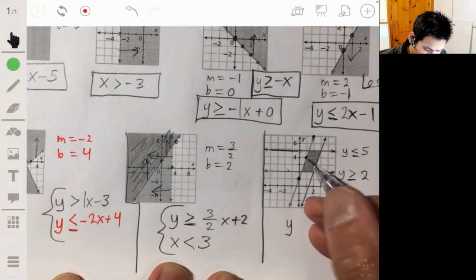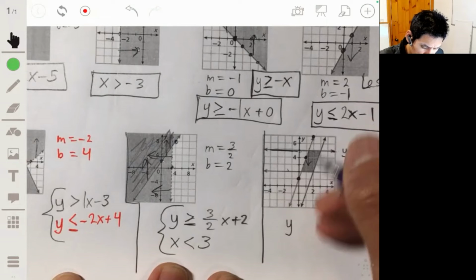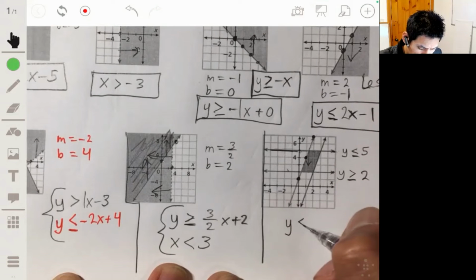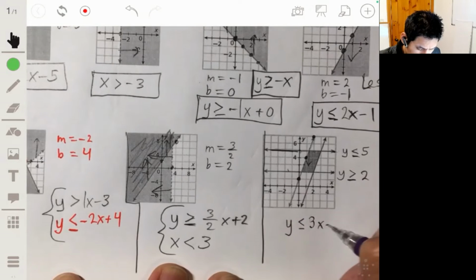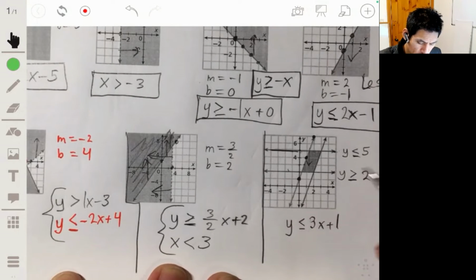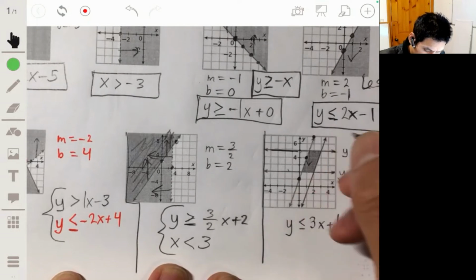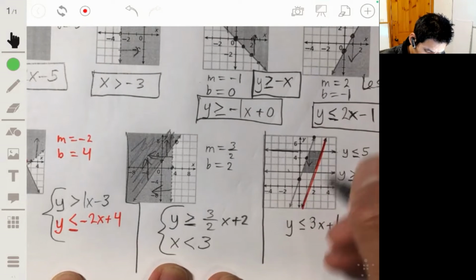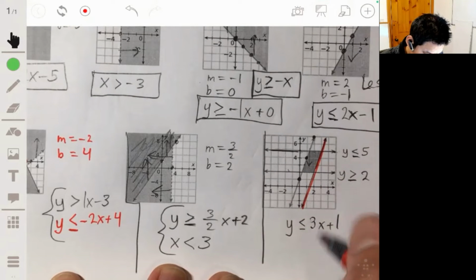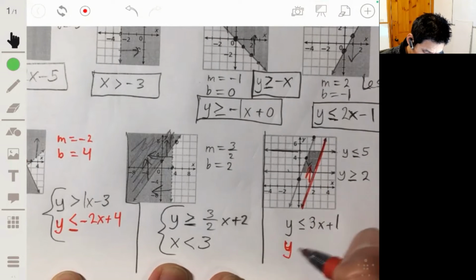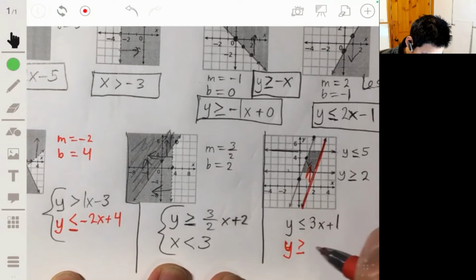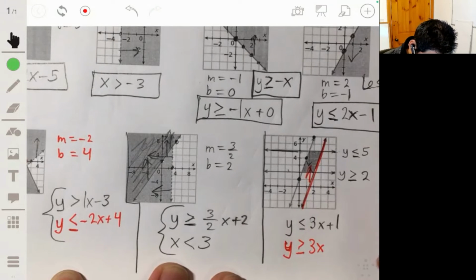So y would be, it's going to be below this first line up here. So y is less than or equal to 3x plus 1. The red line here, the slope is still 3, but it's above this line. So y is greater than or equal to 3x.